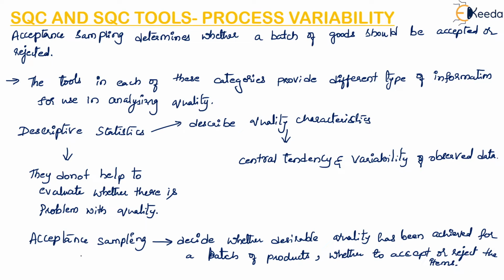So this acceptance sampling helps us to decide the quality acceptance decision after the product has been produced. So acceptance sampling is applicable only after the product has been produced, but it does not help us to identify and catch the quality problem during the production process.